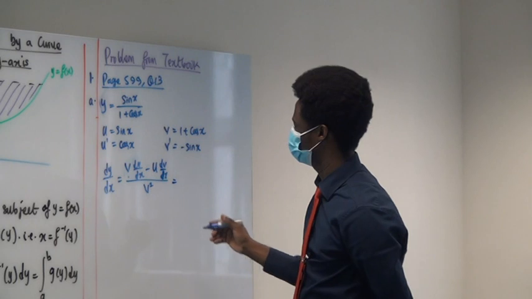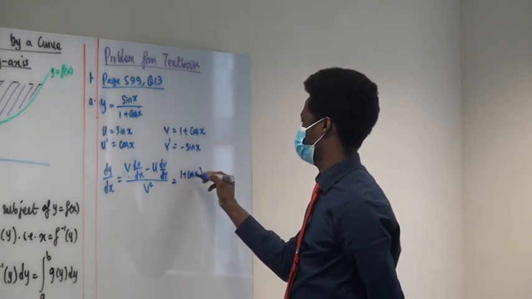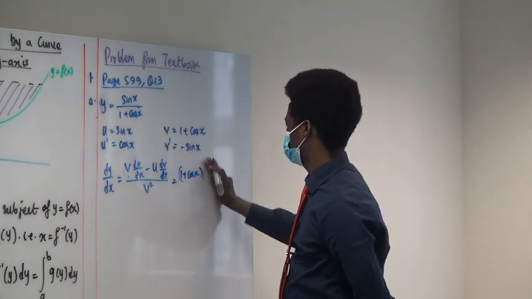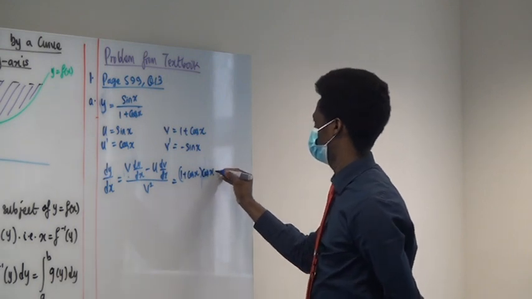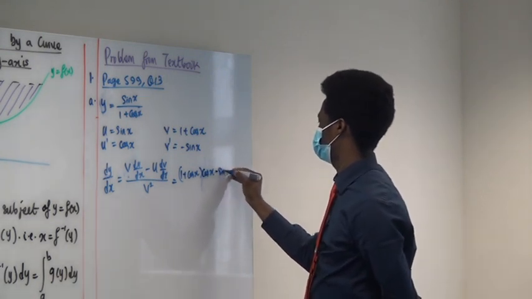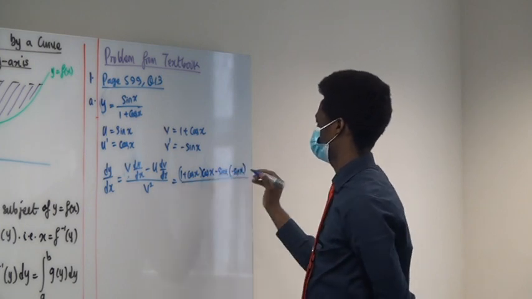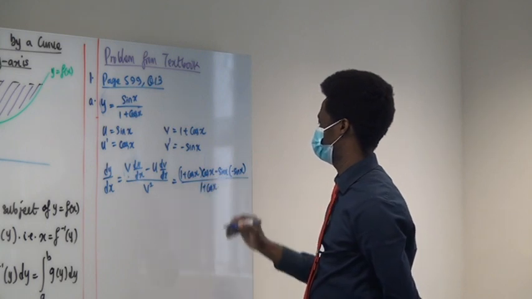This is 1 plus cos x, cos x. So there's no need for a bracket then. Yes. Minus sin x times negative sin x, divided by, whole squared.